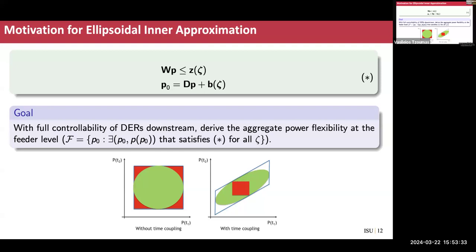In this case, if we use a coordinate-aligned hyperbox to inner approximate this aggregate flexibility region, maybe we don't get as good a result as we can using an ellipsoidal inner approximation. So that is something we're shooting for. We're trying to capture as much as possible of this coupled aggregate flexibility region. That's why we opt for this ellipsoidal inner approximation.